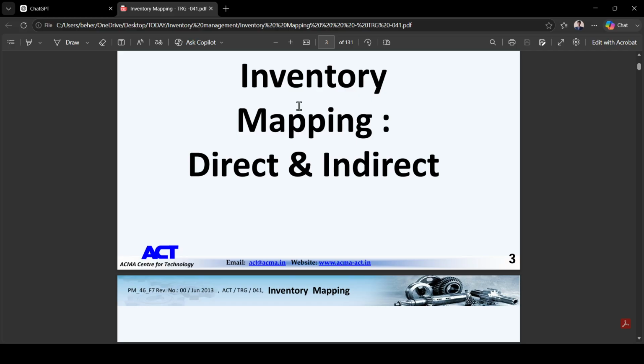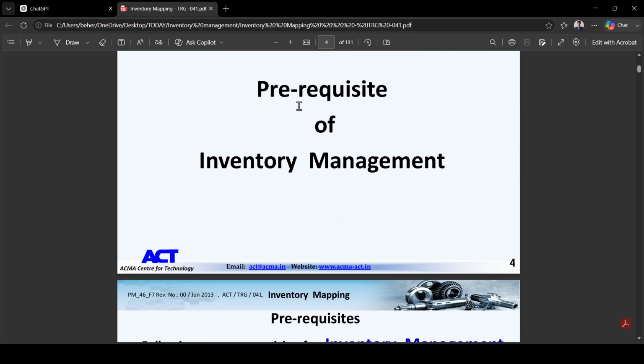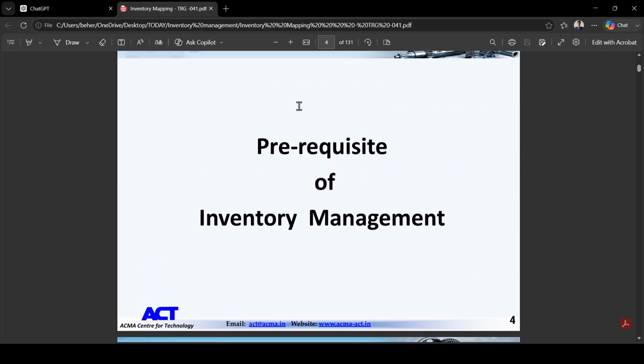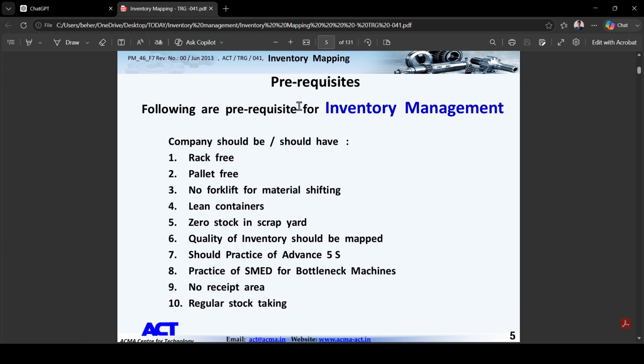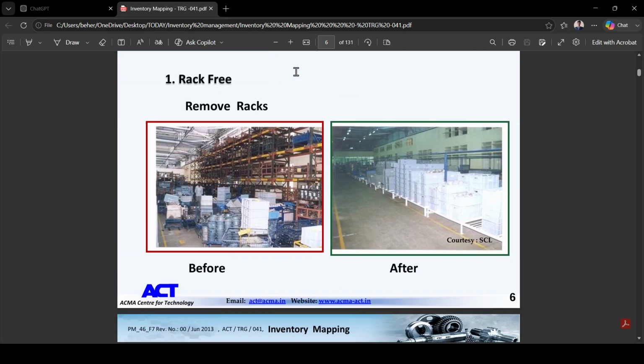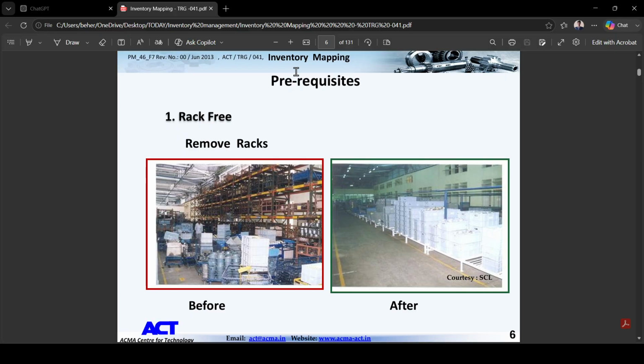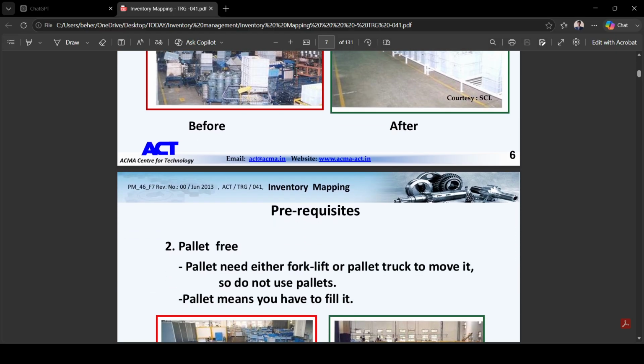So this is inventory mapping, for direct or indirect material. Then the prerequisites of inventory management: rack-free, pallet-free, no forklift for material shifting, lean containers, zero stock in scrapyard, and quantity of inventory should be mapped. So we remove racks before and after.